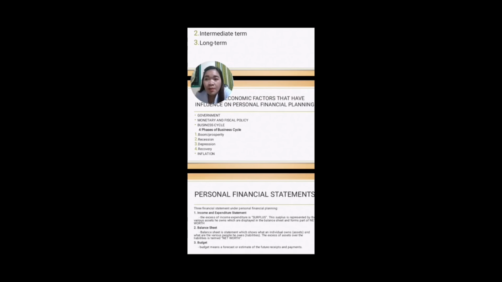Okay, when we talk about boom or prosperity, there is an expansion of output, income, employment, prices, profits, there is also a rise in standard of living, no, mao na siya ang tawag nga boom or prosperity.